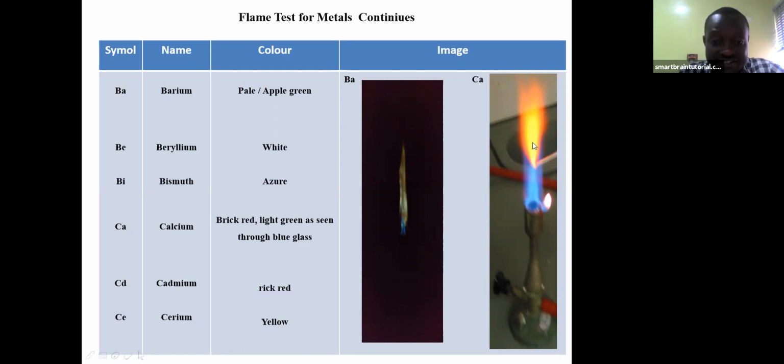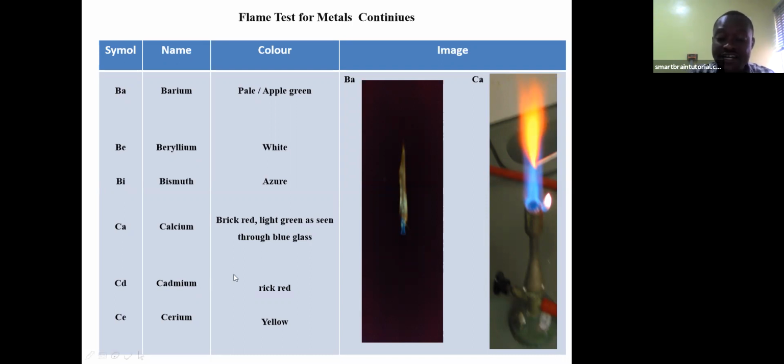You can see it giving us a brick red color at the edges here. This yellowish color could be a result of the presence of sodium in the sample. But at the edges, you can see the red color showing. Light green as seen through blue glass: if you want to filter off the sodium, you use that blue glass, and you begin to get a light green.